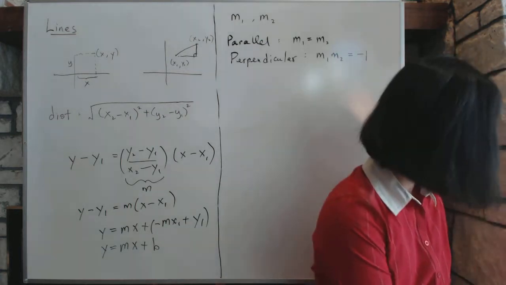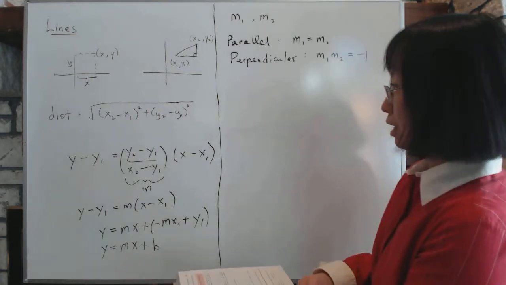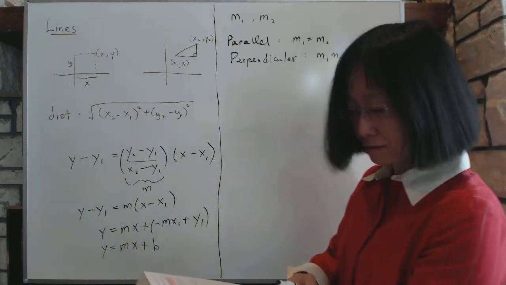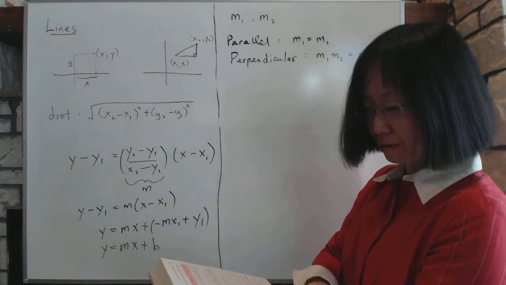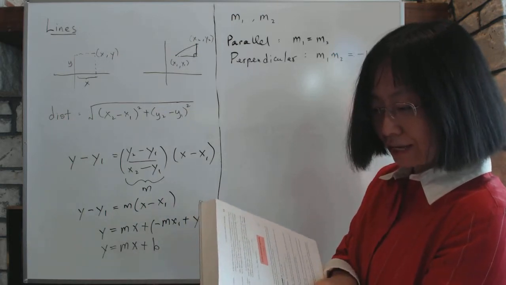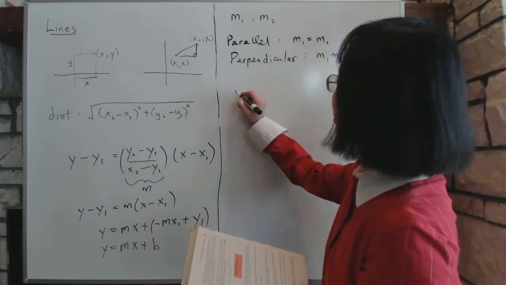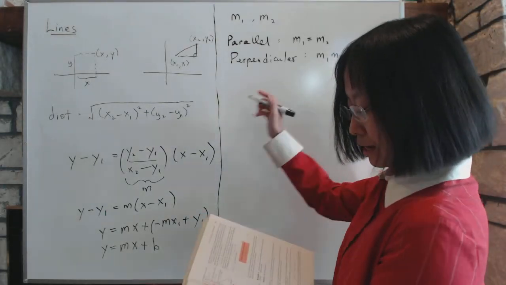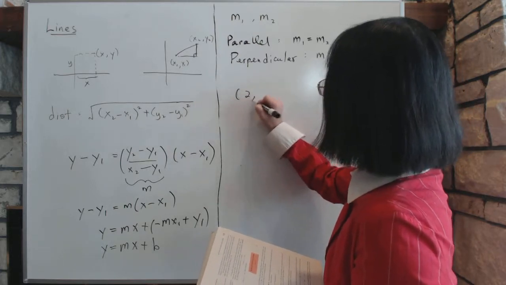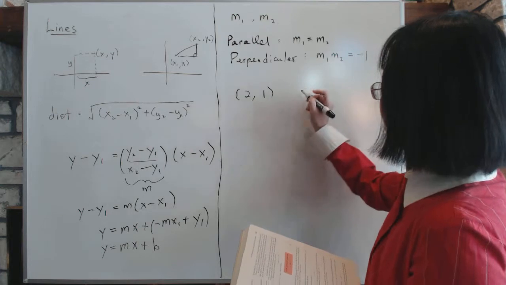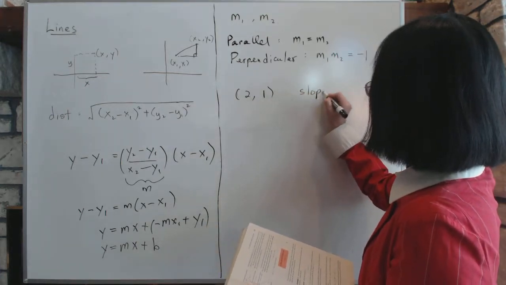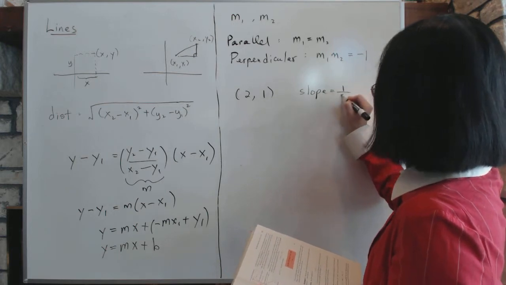Now, let's do a simple example to see how this is done. Let's say you have a problem that asks for a line that passes through the point (2, 1), x equals 2, y equals 1, and the slope is 1/2.